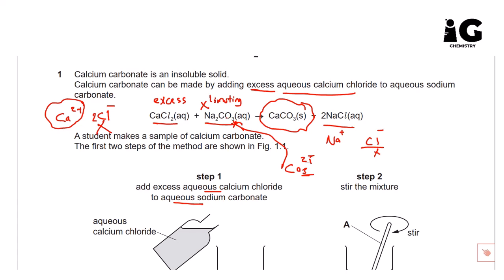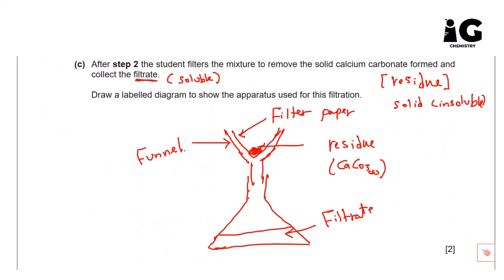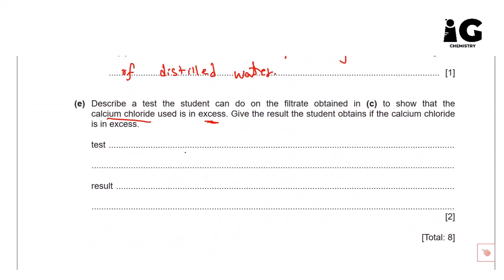If we have a negative result for the test, it means this substance is limiting and the calcium chloride was in excess. So the test is by adding an acid, for example hydrochloric, HCl, aqueous diluted acid.